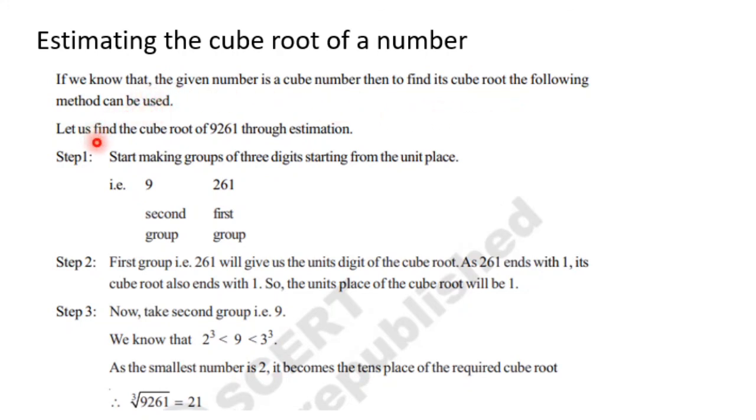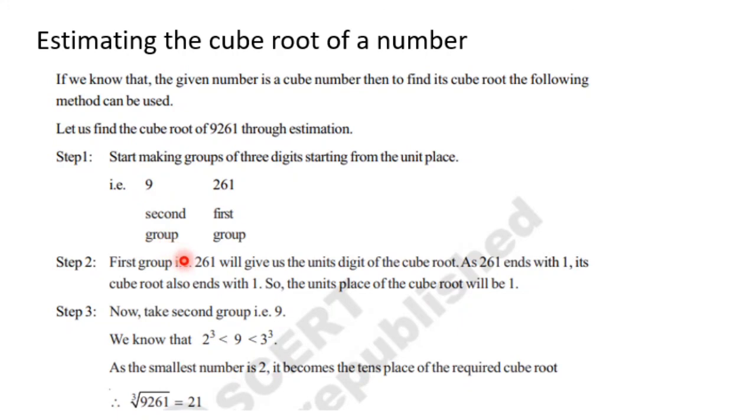Let us find the cube root of 9261 through estimation. Start making groups of 3 digits starting from the unit place. For example, 9261 is divided into 2 groups, that is 261 is the first group, 9 is the second group.